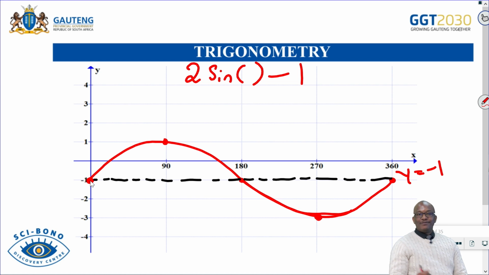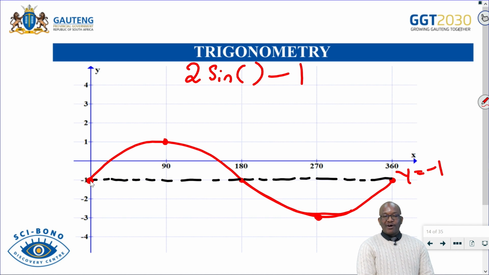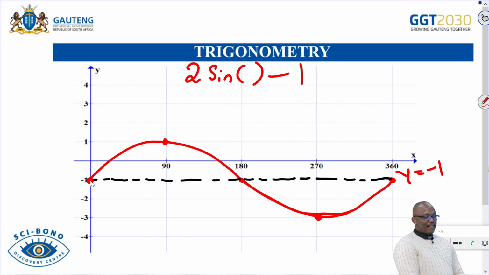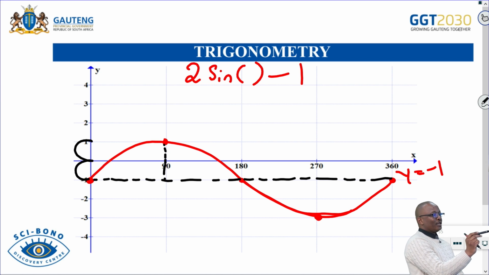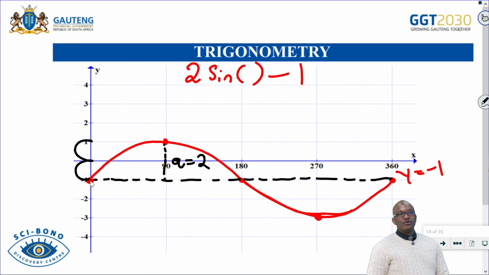It means it moved 1 unit downwards. But you can see that from the midline to the turning point, how many units? It's 1, 2. Not period, sorry, amplitude. Amplitude is going to be 2. That's how you read the graph.